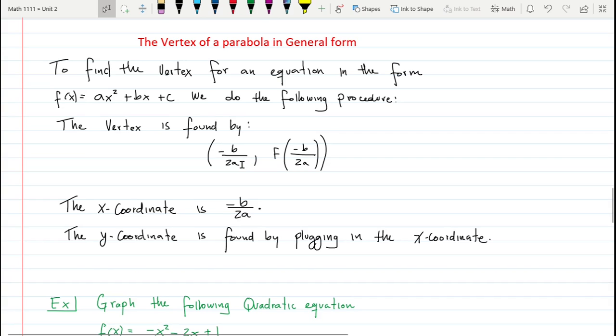Then, once you find that, you plug it into the equation that you're working with. You replace every x with that number, and you simplify, and whatever you get is going to be the corresponding y value for that, and you find the vertex. That's how you do it.